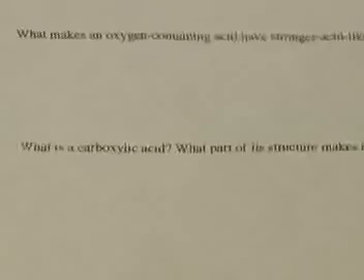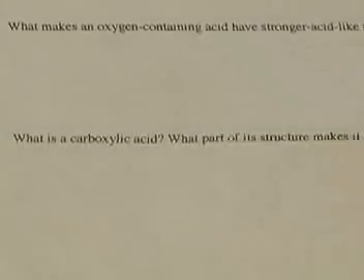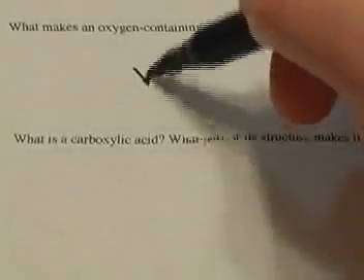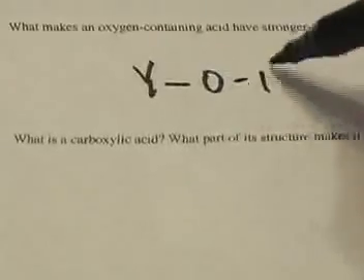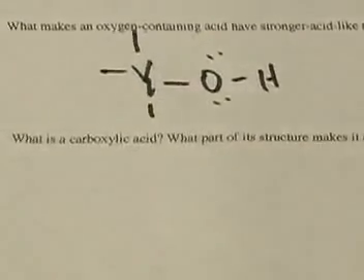Last page of notes. What makes an oxygen-containing acid have stronger acid-like properties? Well, remember there's one really important property for oxygen-containing acids, and that is around the central atom. Remember, it always takes on this form. How many oxygens are bonded around it?